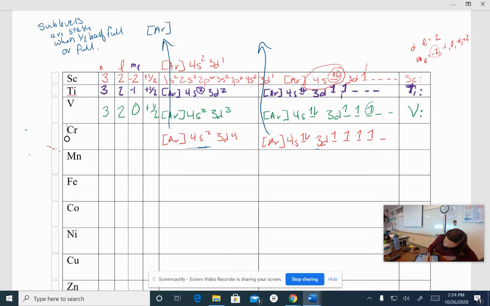It's going to go argon, 4s1, and then 3d5. And let's show you what that looks like in terms of orbitals. So argon, 4s1, 3d, 1, 2, 3, 4, 5, 1, 2, 3, 4, 5. Both of these sublevels at this point get to be exactly half full, which is more stable than the arrangement that you would normally think.